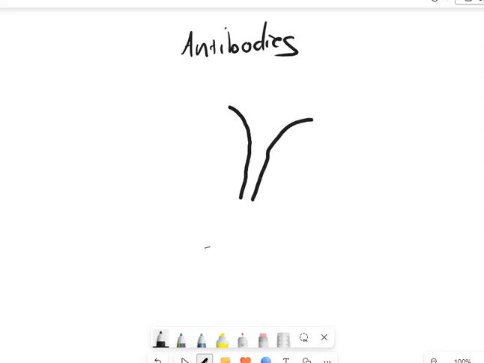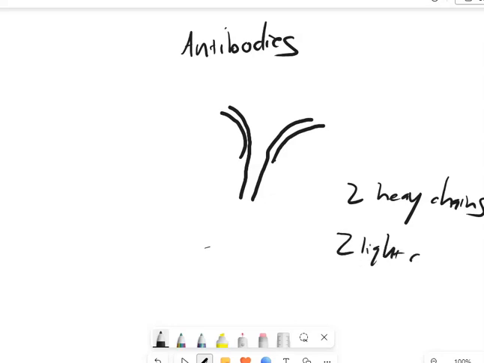Each antibody is made of at least 4 proteins. There are 2 heavy chains. Why are they called chains? And 2 light chains. So the heavy chains are these long ones, and the light chains are these.